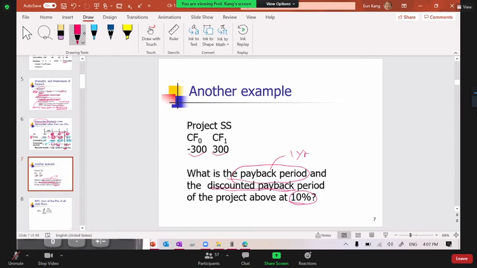Anybody? So you have to understand what the discounted payback period is. So I told you that the discounted payback period is less than 1 year. Less than 1 year? Yeah. Why? Less than 1 year is better than 1 year, right? I'm sorry, my mistake.